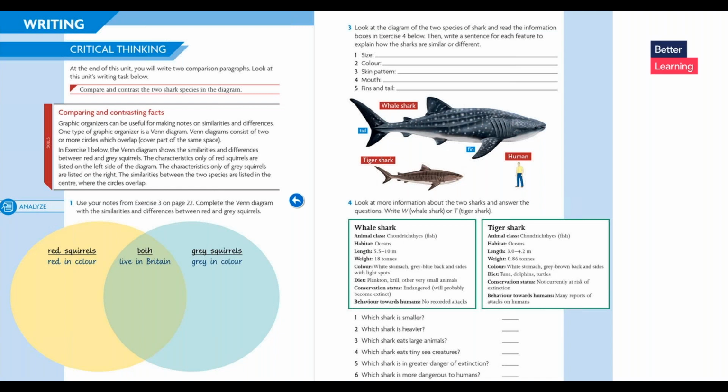And then the use of the Venn diagram. Again, we're using visual organizers, very simple visual organizers, but ones which can really have a big impact on their own practice. So this skill here, use your notes from exercise 3, complete the Venn diagram, etc. So here is a direct practical skill which students can take away after their lesson and use.